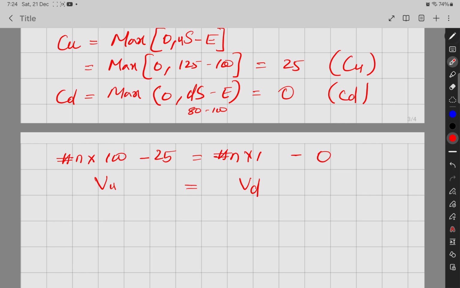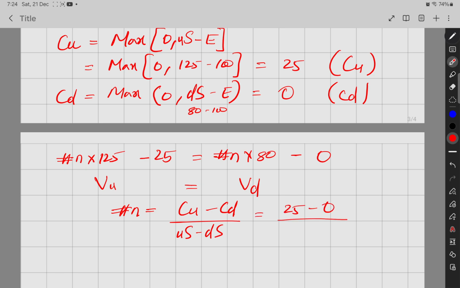I mistakenly put this wrong; this should be 80, and this should be 125. You can see hash n simplifies into CU minus CD divided by US minus DS. In our case, CU is 25, this is 0, and our stocks move 125 minus 80. So 25 by 45, and that would be 5 by 9.